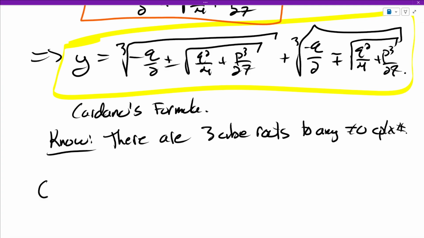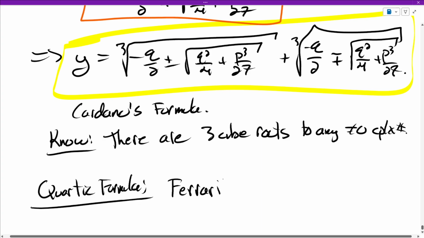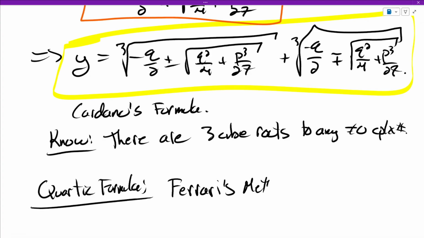The quartic formula we will not do, but it exists. Let me just mention here, this is called Ferrari's method, I believe, or Ferrari's formula. But it's in your book, so if you want to look at that, you can go and try that out.